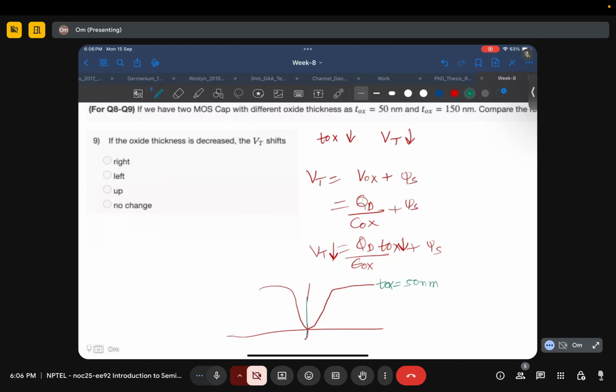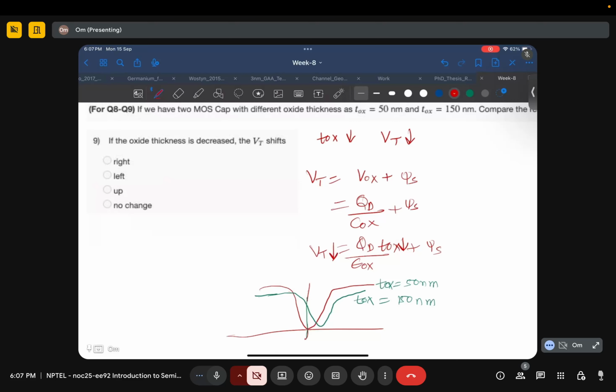Next you have this, which is Tox equals 150 nanometer.